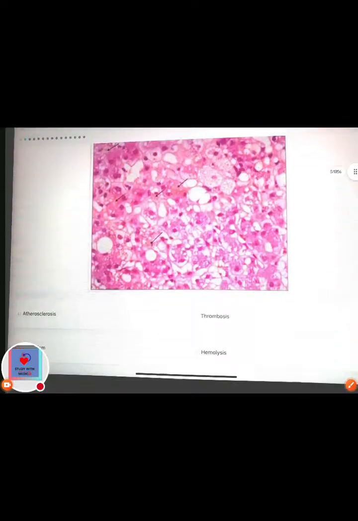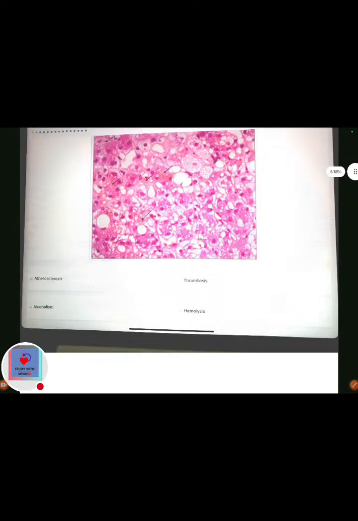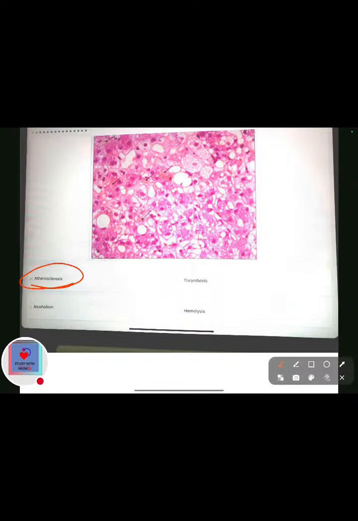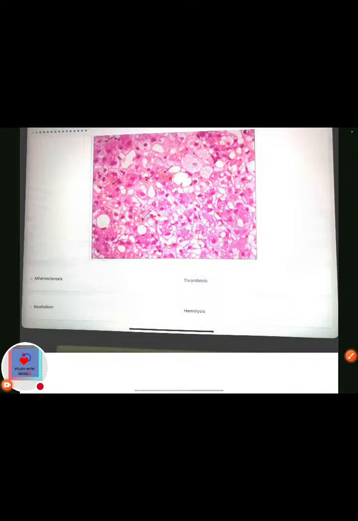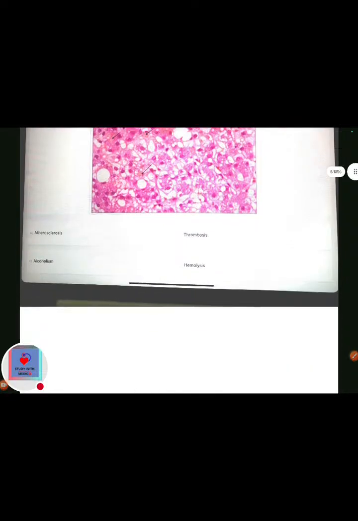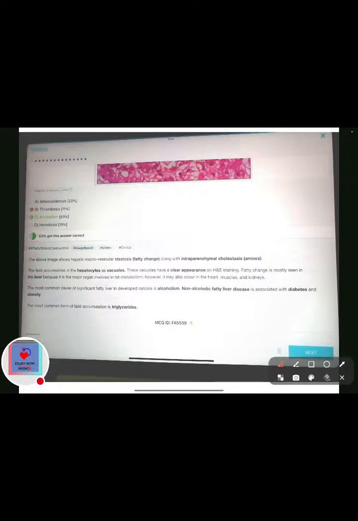Let's see the options: atherosclerosis, alcoholism, thrombosis, and hemolysis. The person has this kind of picture, and his liver is damaged. The most common cause of liver damage is alcoholism.